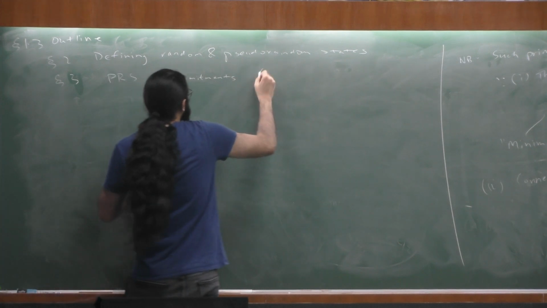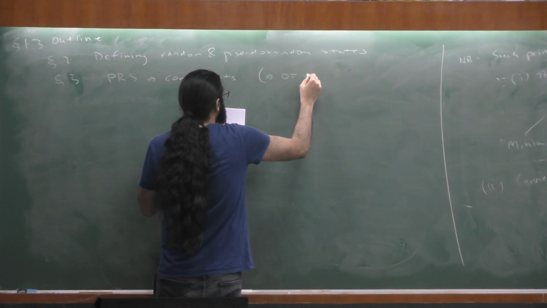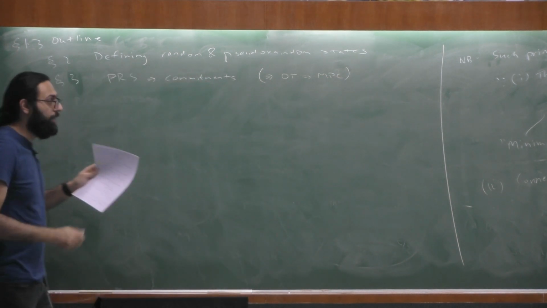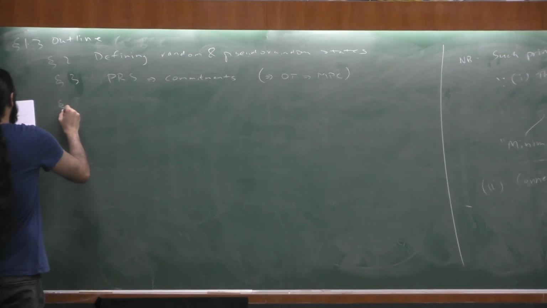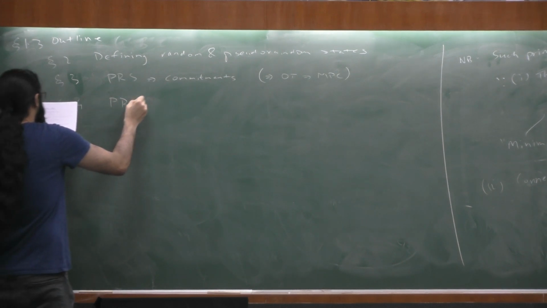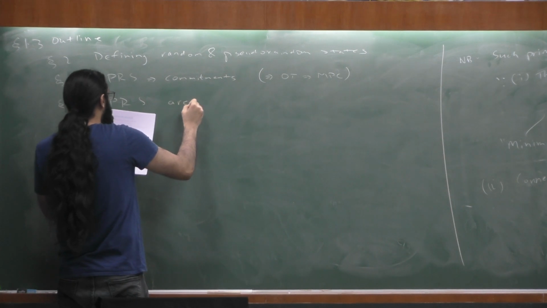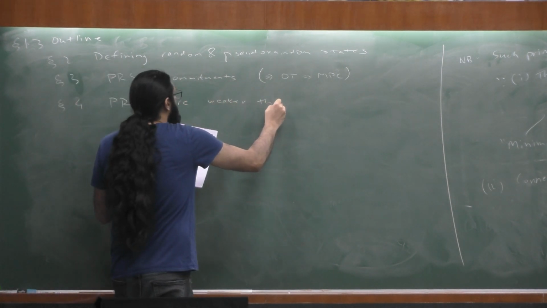Separately, it is known that commitments plus quantum communication imply oblivious transfer, which implies MPC. So this part we'll likely not cover. We'll just show how to construct commitments from pseudo-random states. And finally, we're going to show that pseudo-random states are formally weaker than one-way functions.